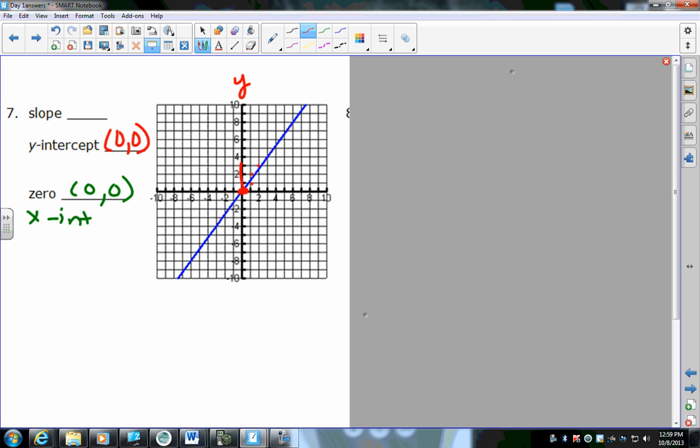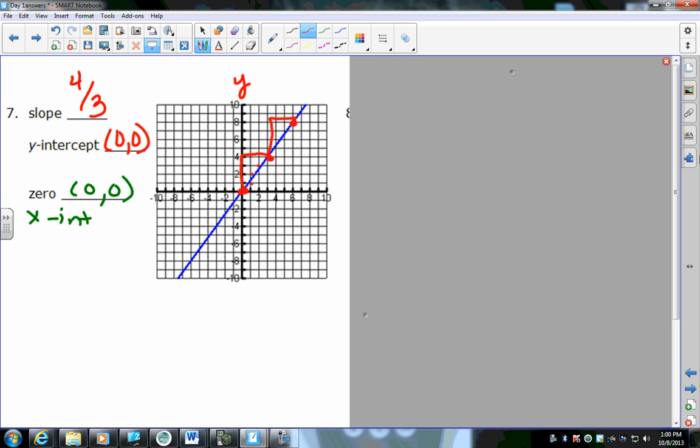I'm going to go up 4 to the right 3, and that hits the line. So you need to test it again. Up 1, 2, 3, 4. Over 1, 2, 3. Sure enough, I've got to go up 4 to the right 3. That's my slope.